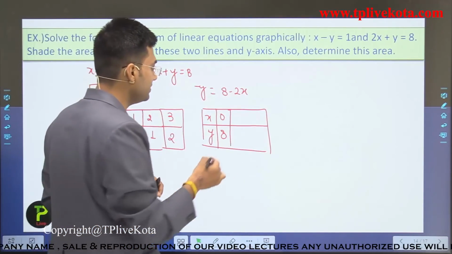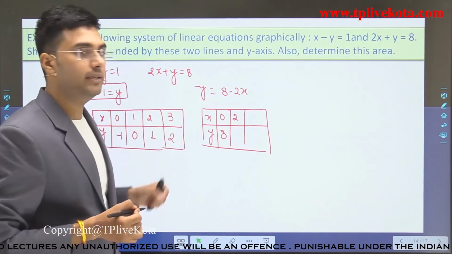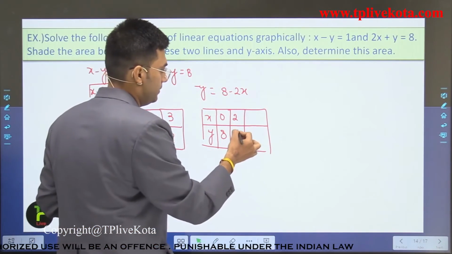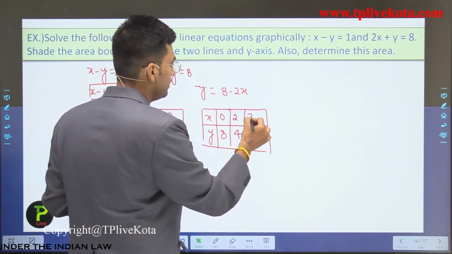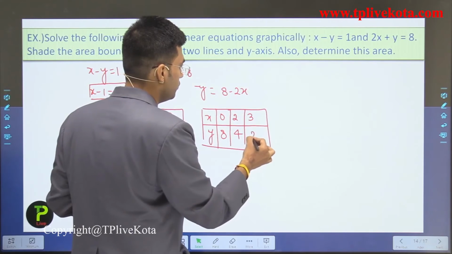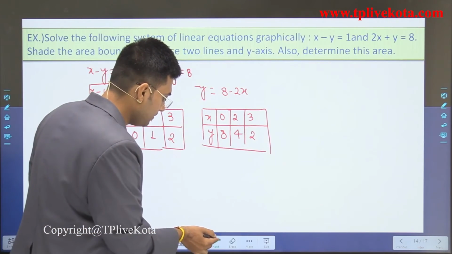If we put x equal to 2, then the value of y is 4. If we put x equal to 3, then y is equal to 2. Now let's draw these points on the Cartesian coordinate plane.